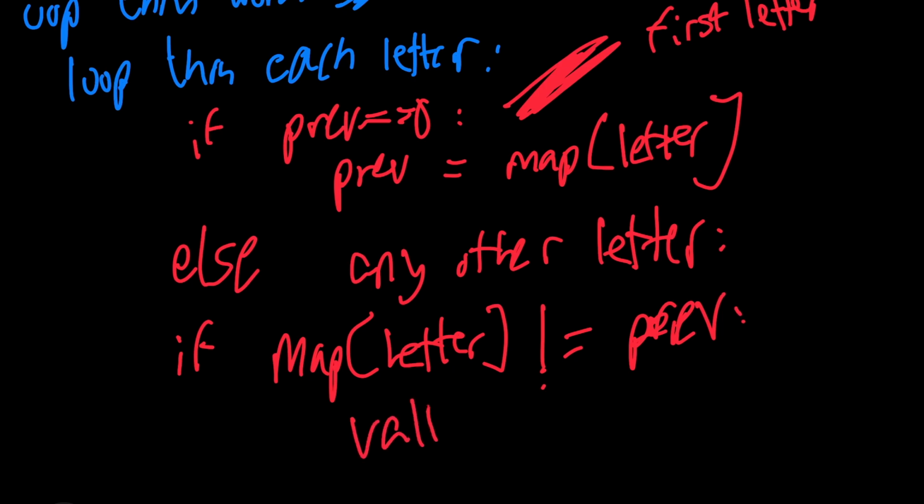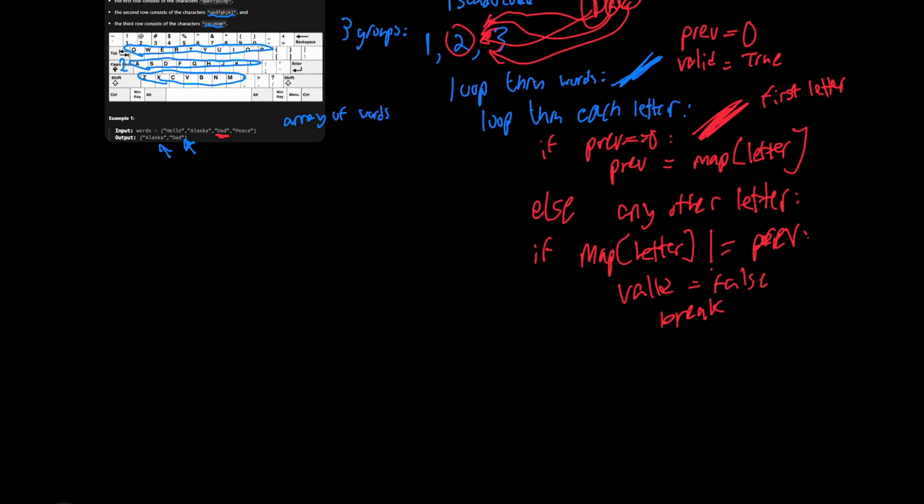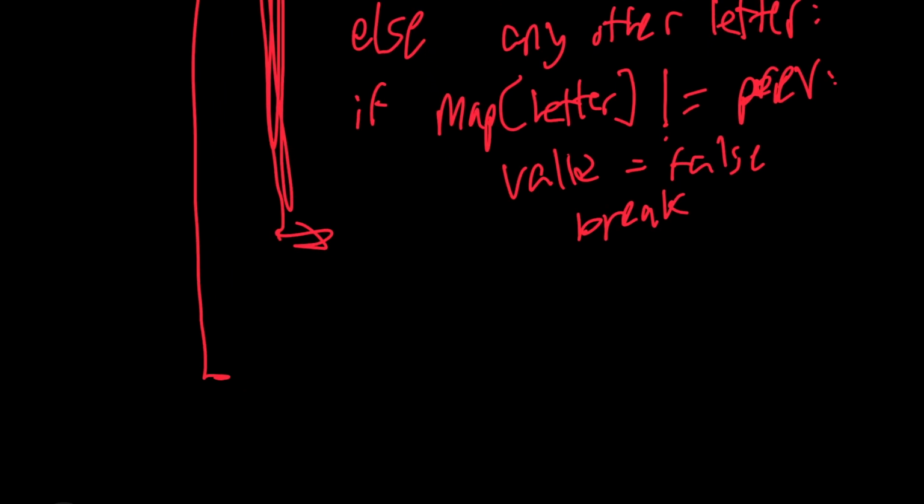We just set valid to false, and we break out of the loop because that means this word is voided, and we can move on. And then finally, we are out of this body of code, and we are at this loop. We want to just check, is this a valid word? If it is, we're just going to append it to the resulting list.